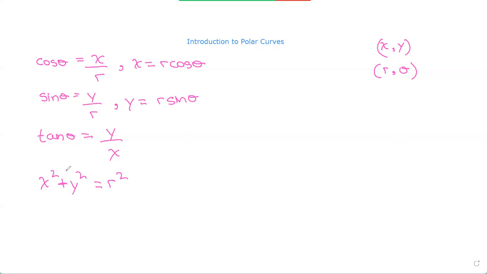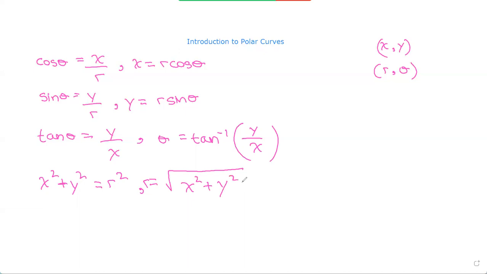These can be written in different forms, for example theta is equal to tan inverse of y over x, and r is equal to the root of x squared plus y squared. So these are the important formulas which you must know. There are still some others, but I'll be discussing them in future videos.